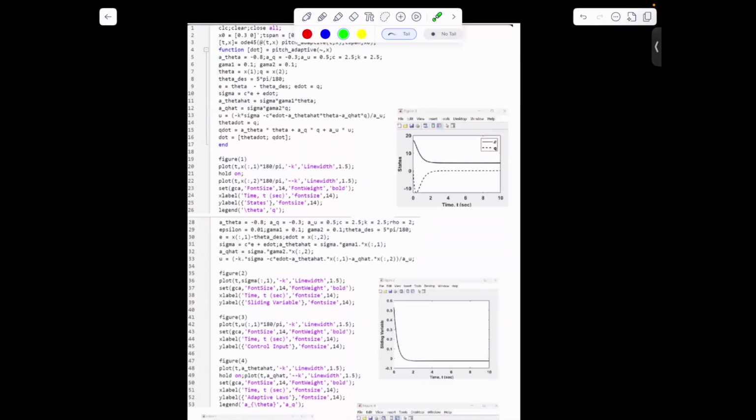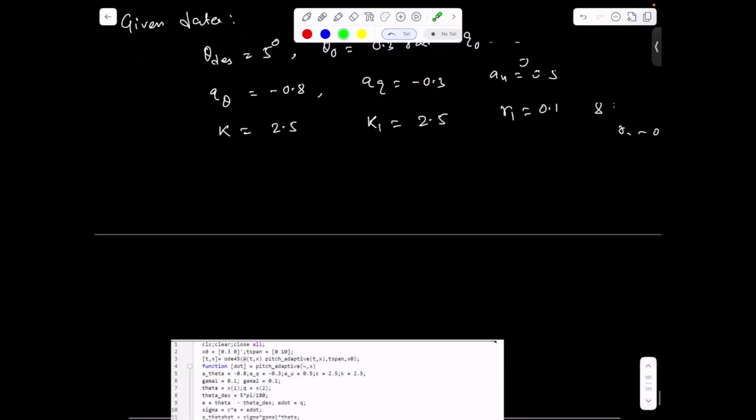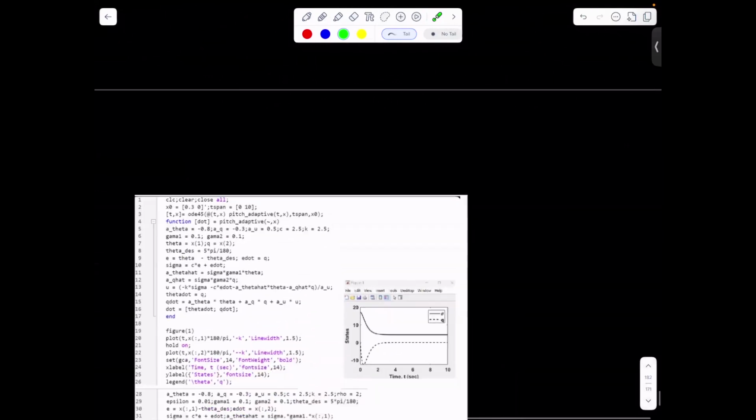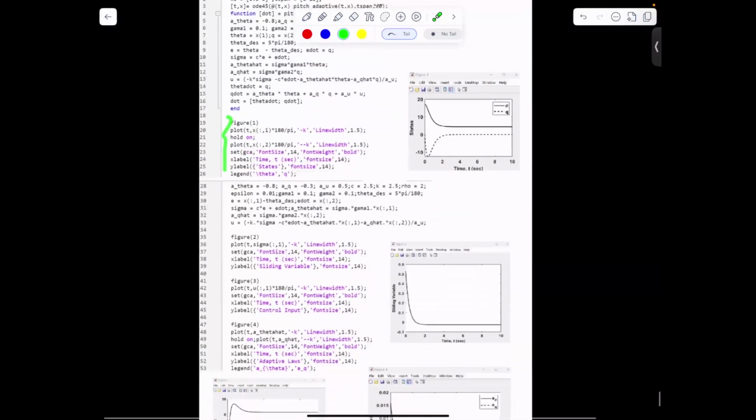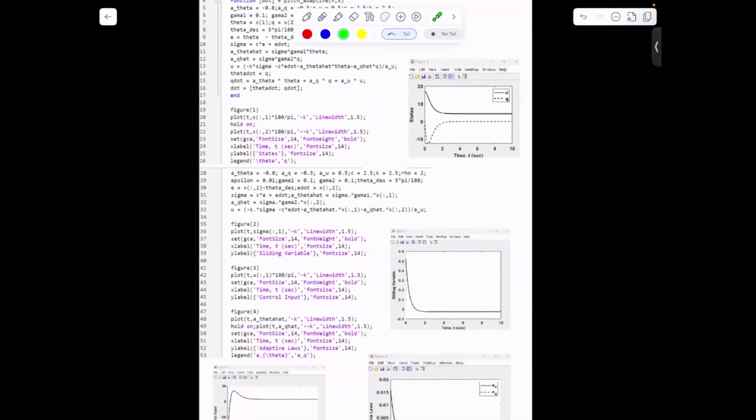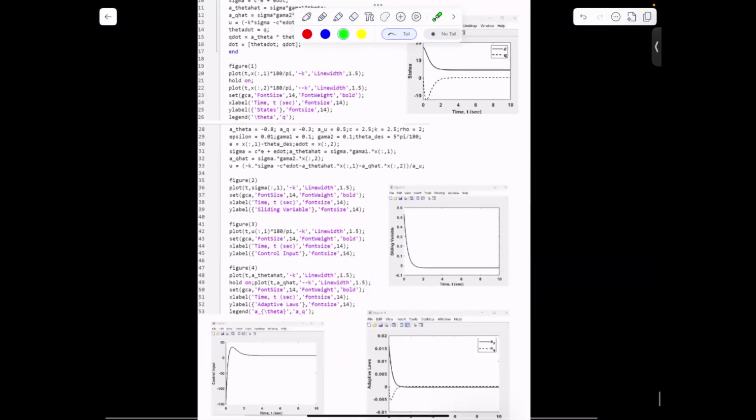And so please cross check line by line what you are doing here in the analysis and what data we are taking in the code. This is the figure, and this is theta and epsilon, the different epsilon for the control purpose, and different values of the parameters are given here also.